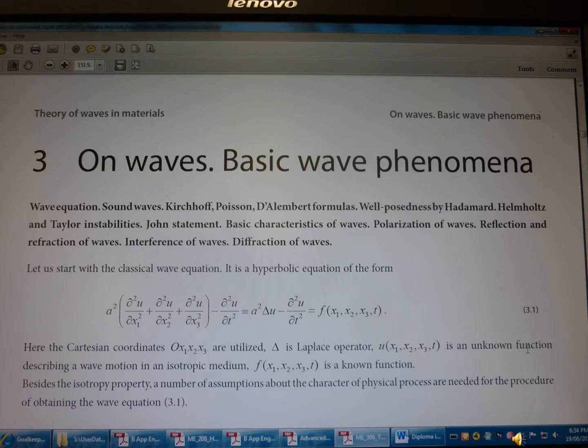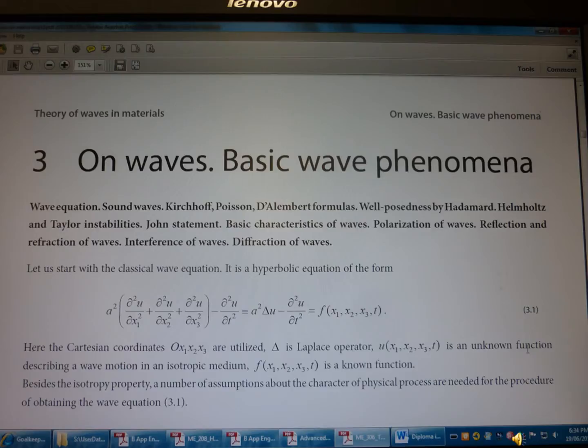We can also write this down as the basis of wave phenomena. When we apply the wave equation, the particles move around the X-axis, Y-axis, and Z-axis with different velocities, so the velocity equation can be written.